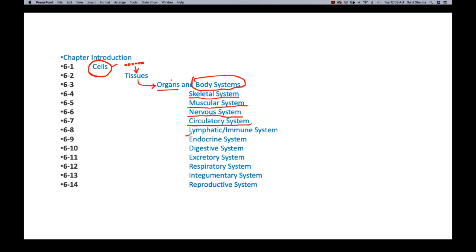Then the defense mechanism is called the lymphatic or immune system. That's our body's defense mechanism. Then our growth, which is hormones, is all done through the endocrine system. Our food intake and energy formation, all the nutritional value that we get out of food, is managed by the digestive system. The elimination of waste products is done through the excretory system.